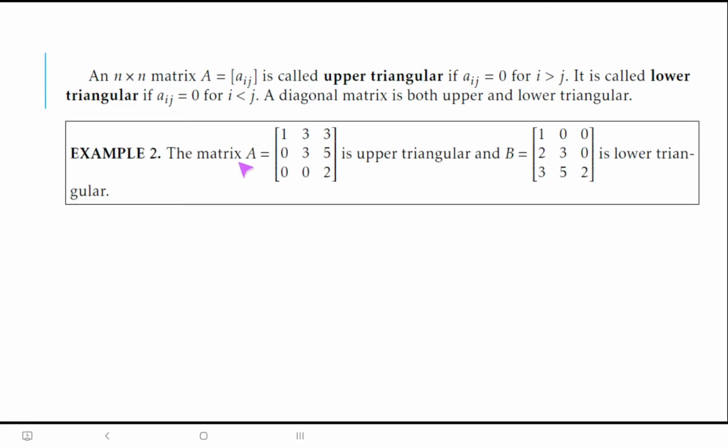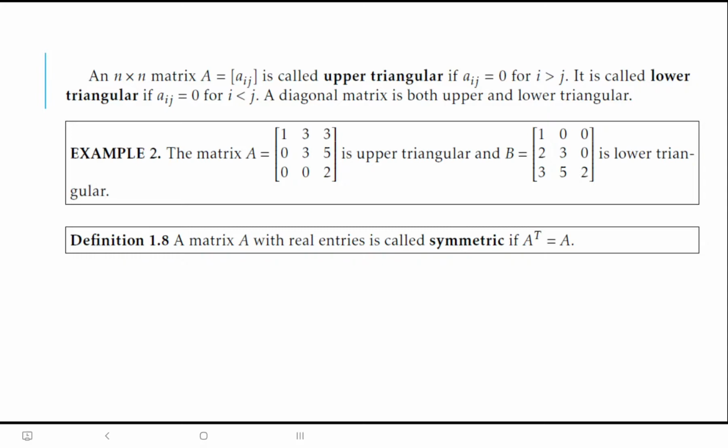Here we have A to be an upper triangular. It's obvious why it is upper triangular, because the entries are only here and below it is just 0. And then B is an example of a lower triangular matrix because only its lower part has entries, and the ones above are 0.